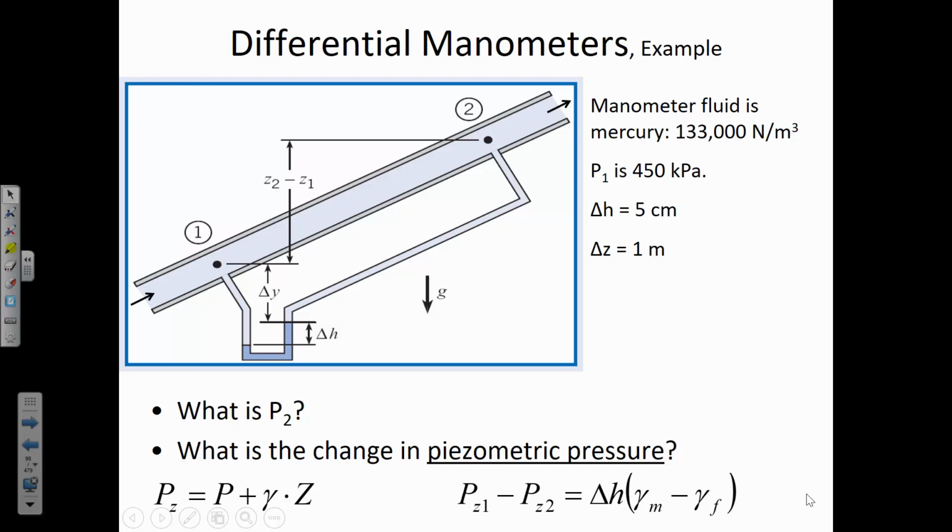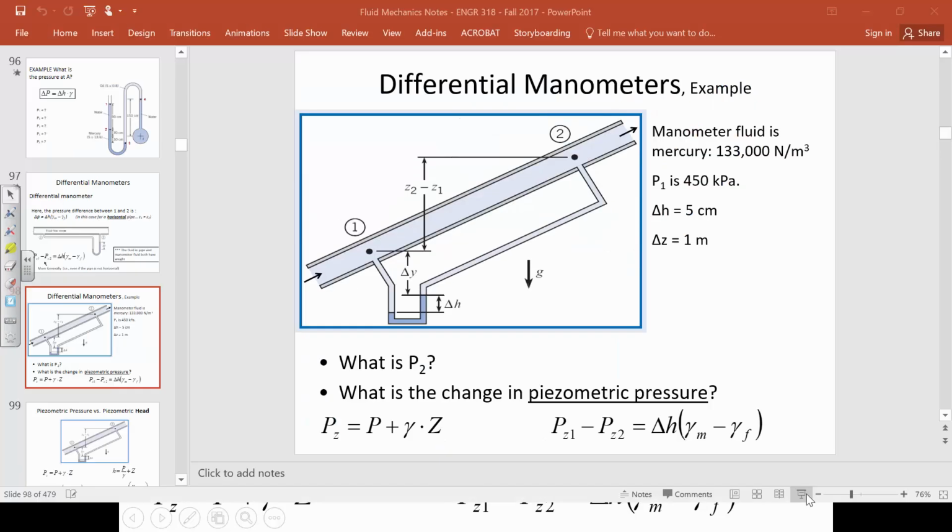There would be no reason for this delta H. And so the two elevations would be the same if there was no flow of water through the pipe. And so I hope it makes sense that the only reason why there's this delta H is because of pipe friction. It's not because of the difference in elevation. So that change in piezometric pressure is a way of measuring the impact of pipe friction.